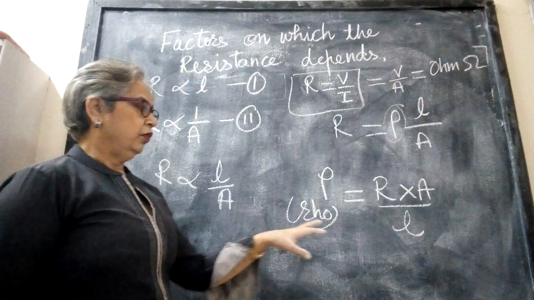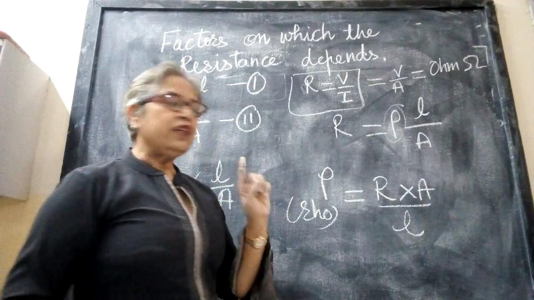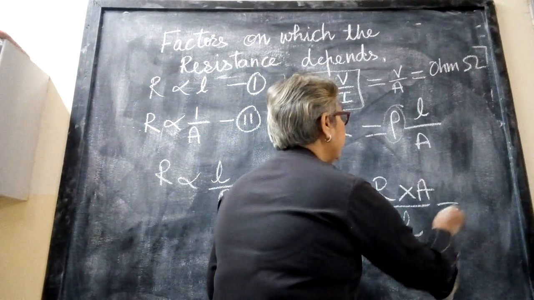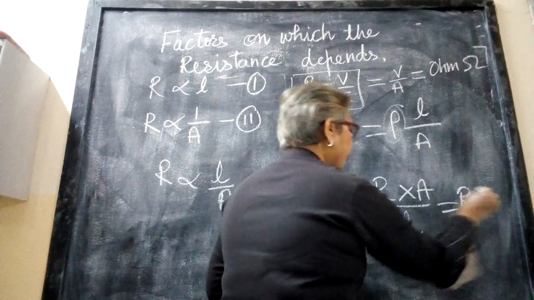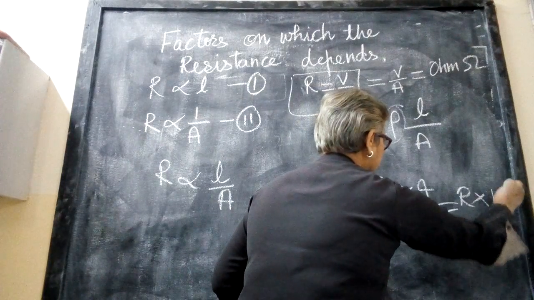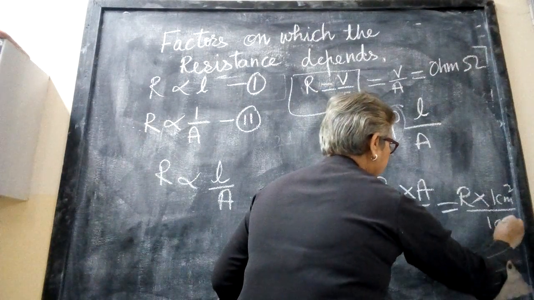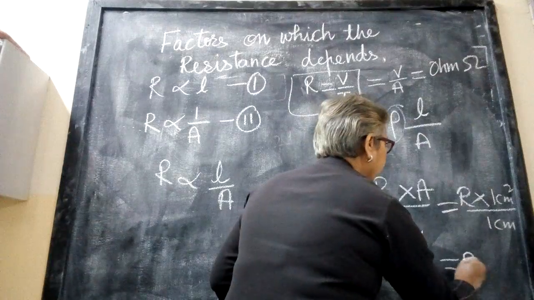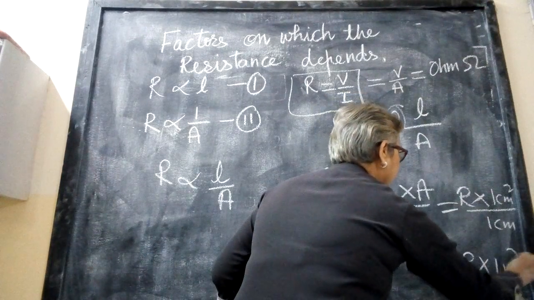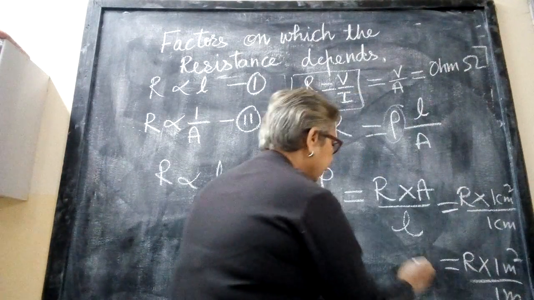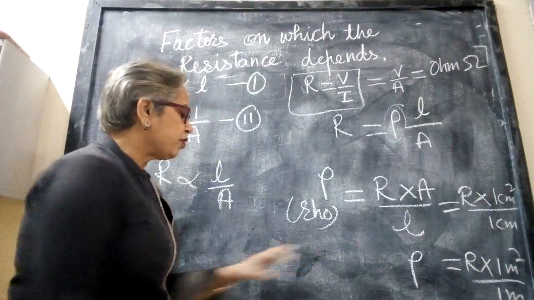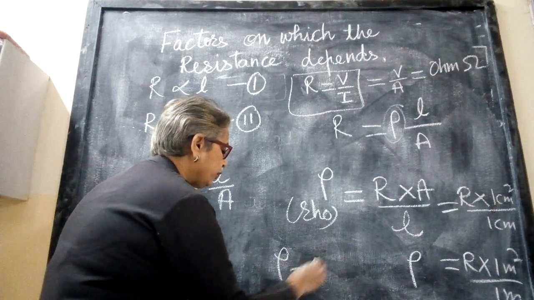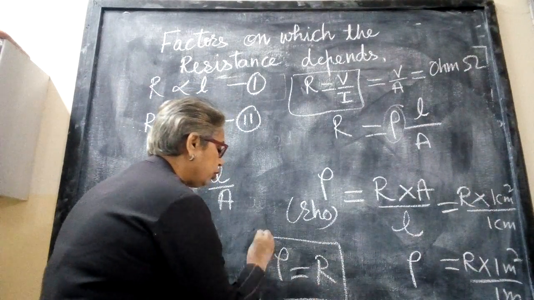Okay, now dear children, please pay attention. If the area of cross section is 1 square centimeter, length is 1 centimeter, or 1 square meter, 1 meter, then can I say that the resistivity of that is numerically equal to the resistance?